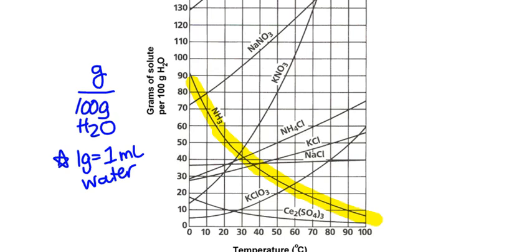There are a few other questions that ask you if it's a saturated, unsaturated, or supersaturated solution. When you're looking at these curves, anything that falls right on the line is considered a saturated solution.